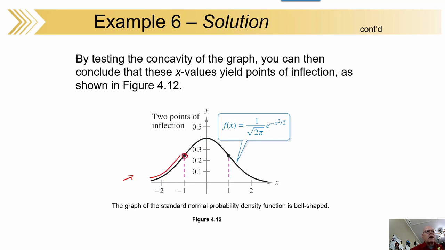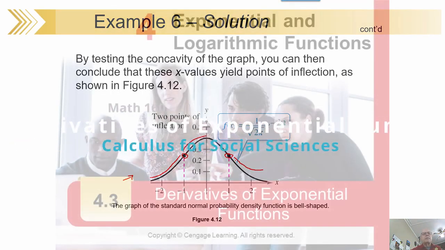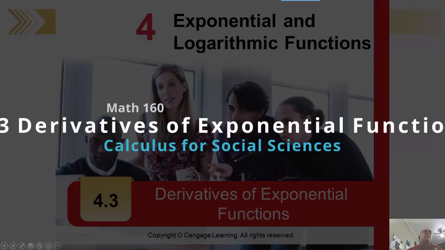That's the inflection point. After that inflection point, the curve starts leveling out. The slope gets less instead of greater. Your slope is still getting small, less and less, until you get to this point at x equals 1. Then the slope starts leveling off. And that's pretty much the story of the normal distribution.